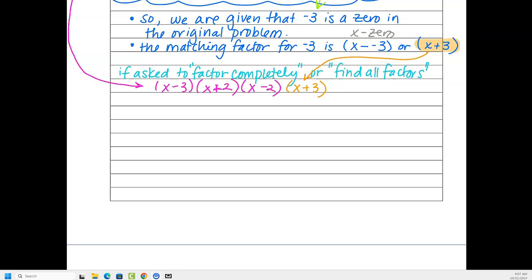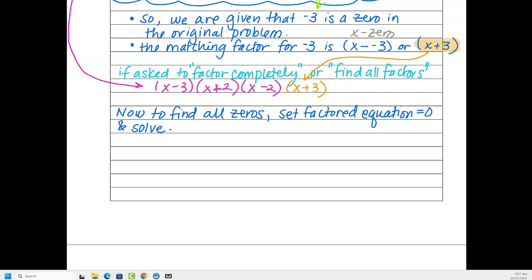Now, again, what they ask for is to find all zeros. So that's what we're going to do now. So now, to find all zeros, set the factored equation equal to 0, okay, and solve.